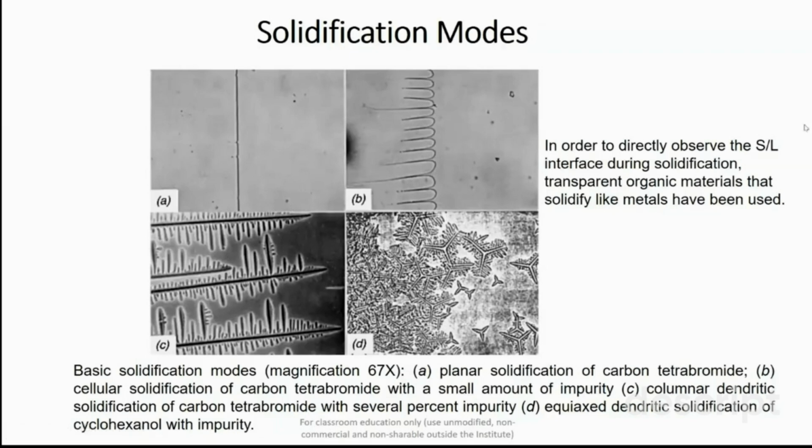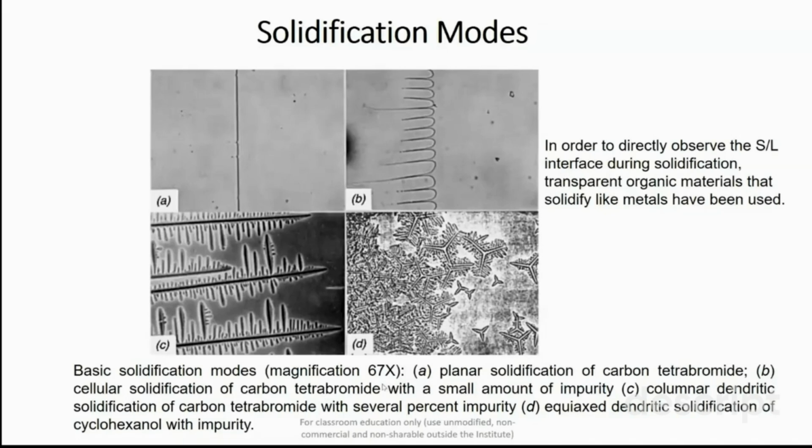The scientists, in order to directly observe the solid liquid interface during solidification, have considered a transparent organic material that solidifies like metals, which is carbon tetrabromide. So this is a special type of organic material which resembles the solidification of metals.